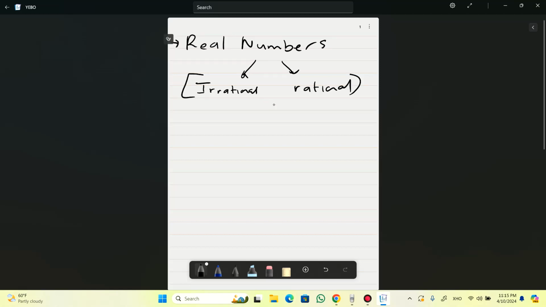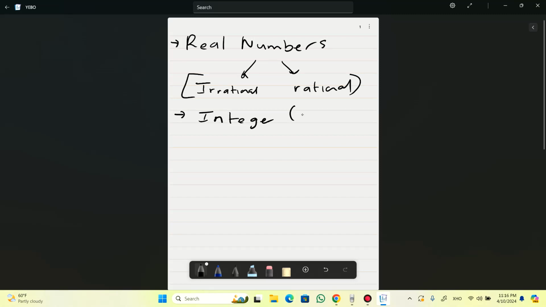If you don't know these terms, make sure that you write them down in your notes. It's very important that you know these things. Then another one is the integer.